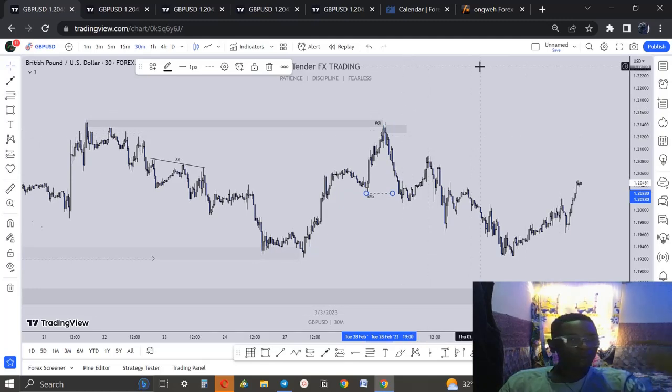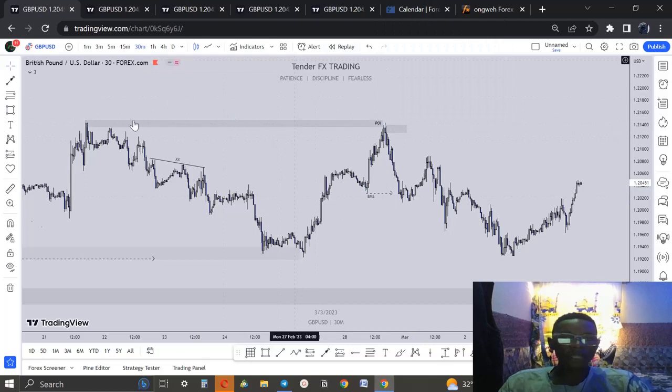After the 1-hour time frame supply mitigation, I waited for that break of structure. After waiting for that break of structure, I highlighted my 30-minute time frame supply zone again. I still waited for another break of structure. Can we see that confirmation, just to allow me to confirm that this sell will be able to hold, right?